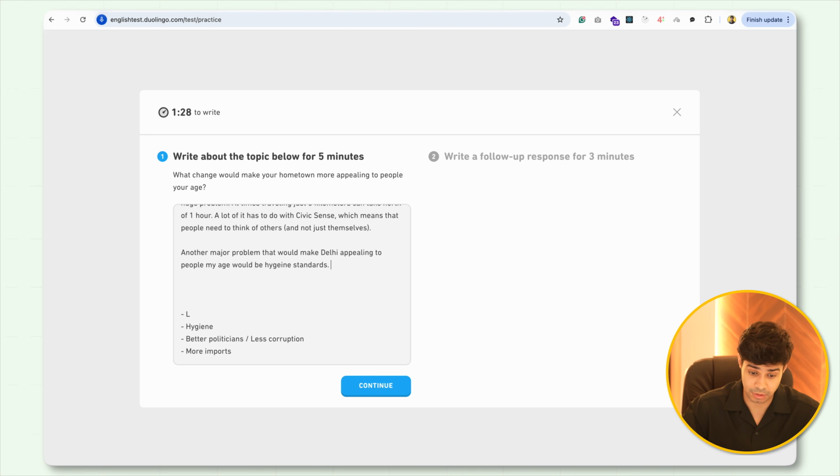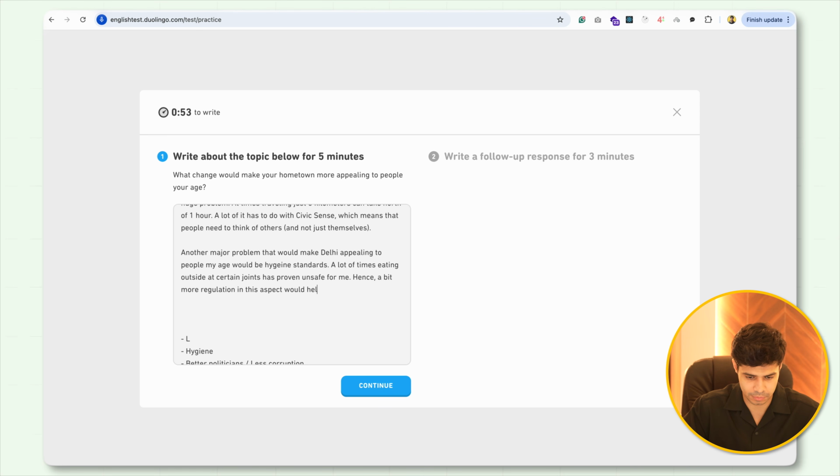A lot of times eating outside at certain joints has proven, sorry about that, getting a call, unsafe for me. Hence, a bit more regulation in this aspect would help.